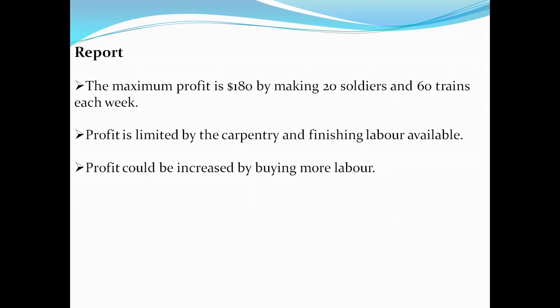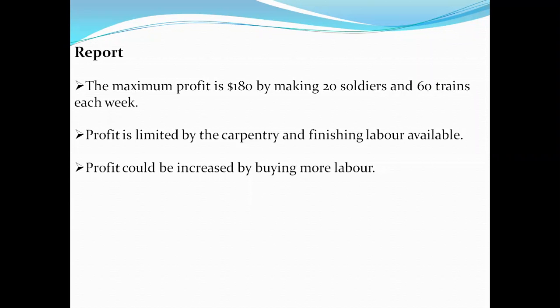If the quantity is increased, sales will also increase, depending upon the demand existing in the market. And depending upon that, profit will also be very high. That is the overall optimal analysis based upon the given problem by the application of linear programming.